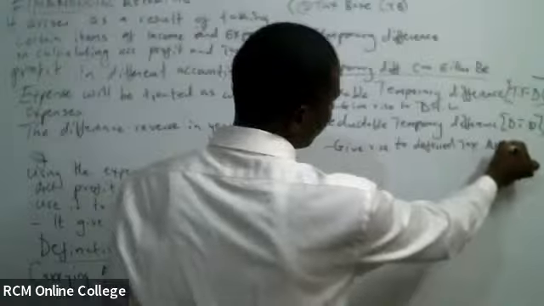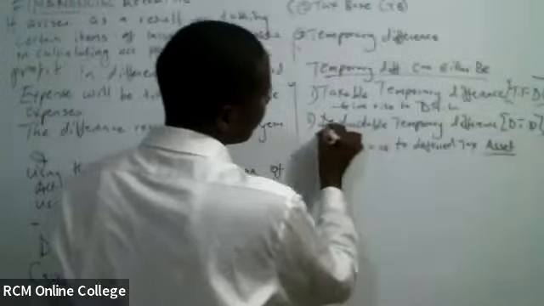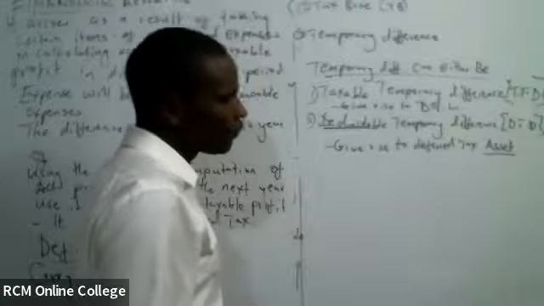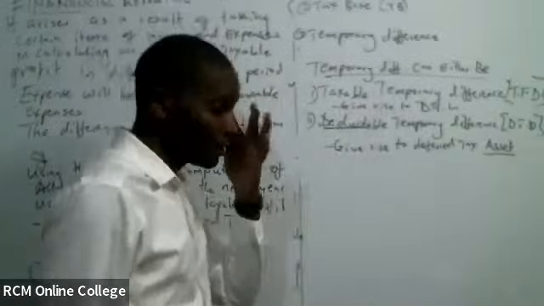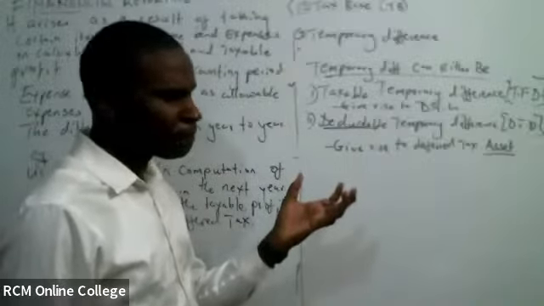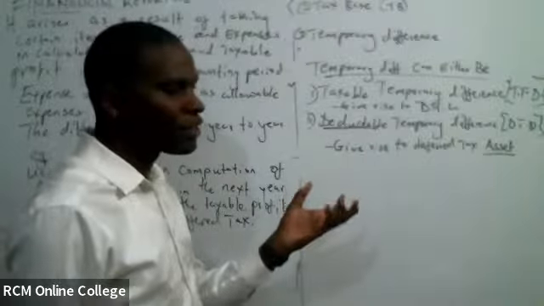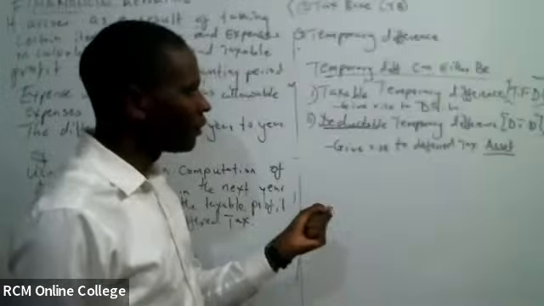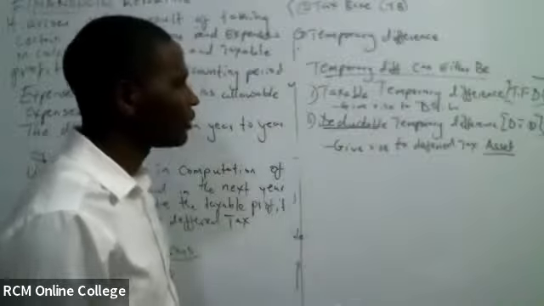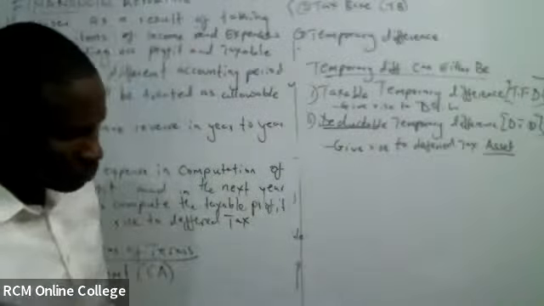So that is the difference there. When you're dealing with a deductible temporary difference, it will give you a deferred tax asset. And an asset is value to the company, right? These are liability to the company. Taxable temporary difference gives rise to that.